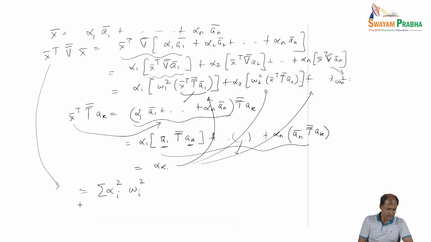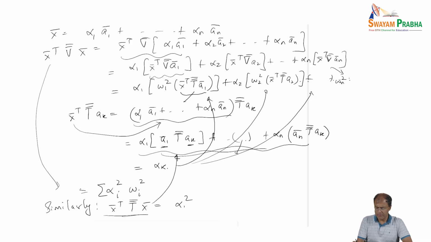Similarly, we can find the denominator of that function, which was x transpose Tx. We can quickly do this using the matrix vector multiplication that we saw. This is also equal to alpha 1 square plus alpha 2 square and so on plus alpha n square.